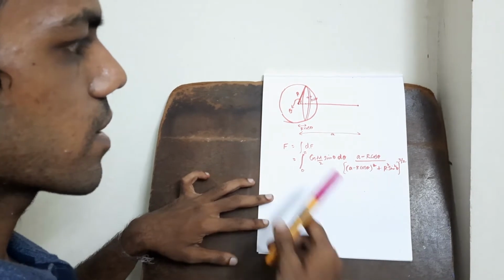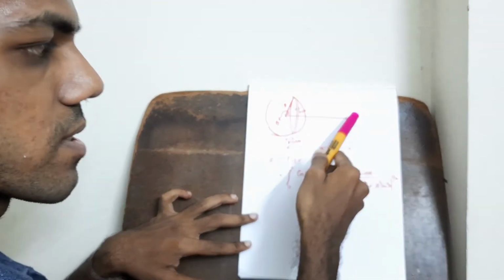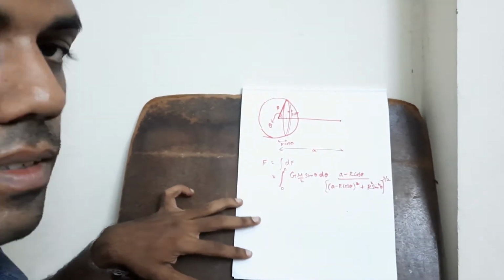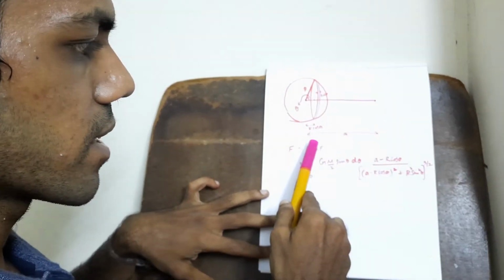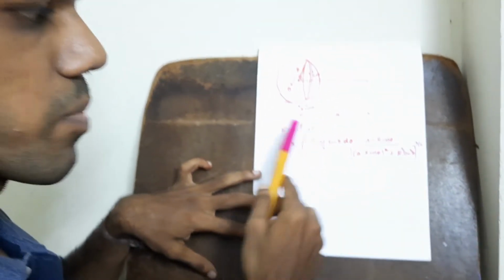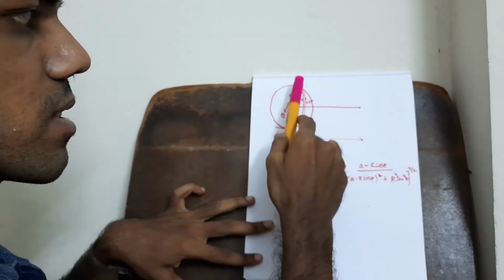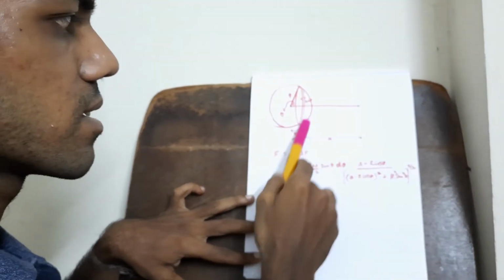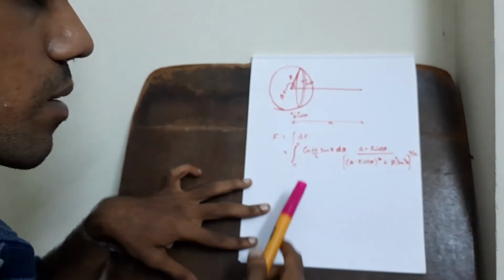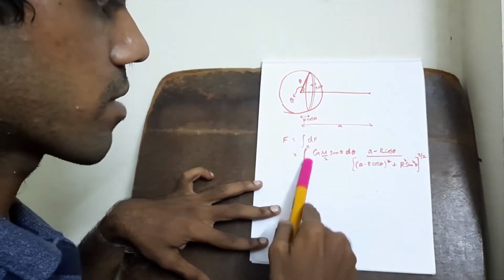Now force due to the entire sphere at distance a from the center of the sphere can be found using the integral of dF from 0 to pi, where dF is the force due to this ring. Now we are going to integrate all the rings from 0 to pi.